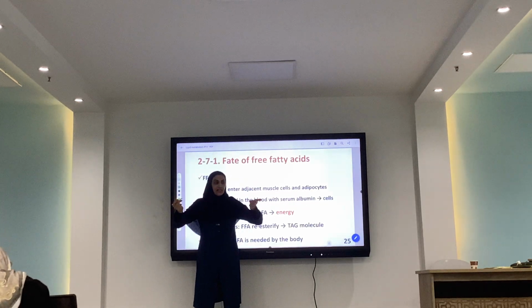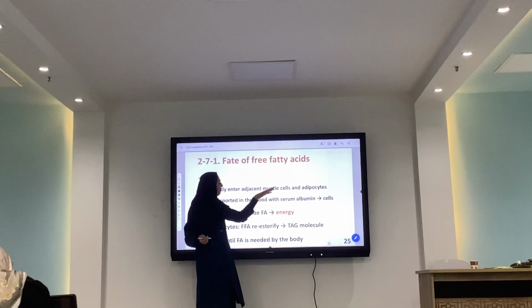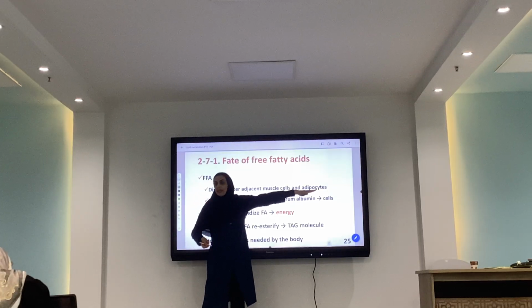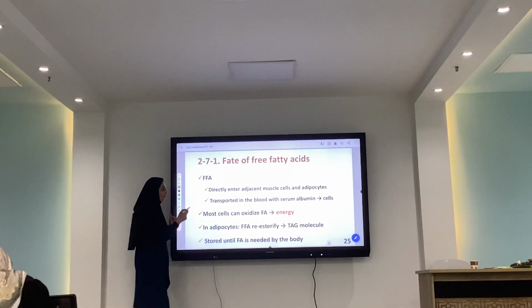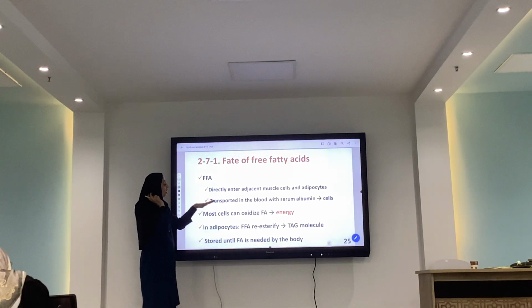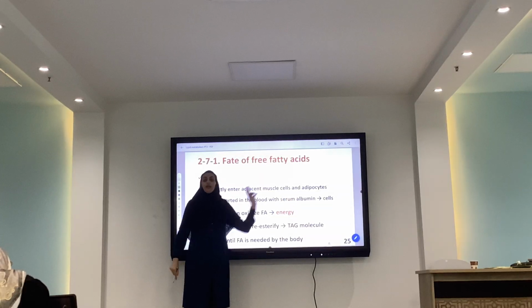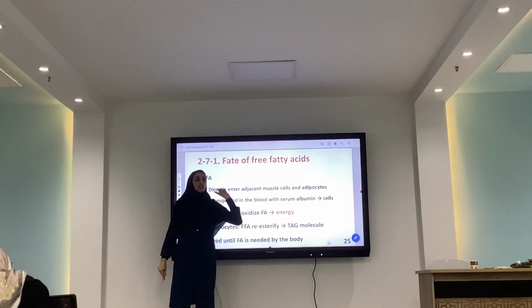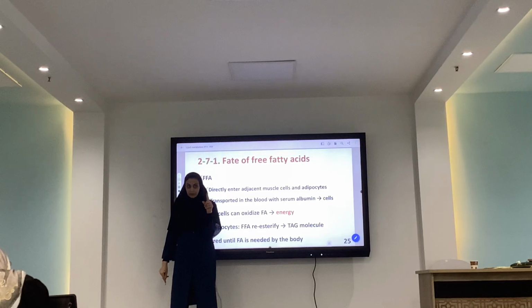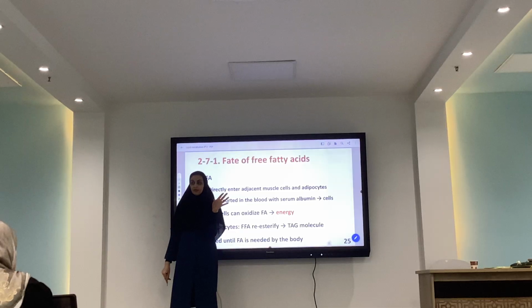There they are broken down by LPL, and after that enter the muscle cells and adipocytes. Okay? And after that, guys, if they want to be transported in blood circulation, they should be carried by albumin. They cannot go in blood circulation freely. Okay. All of you get the point? Yes.